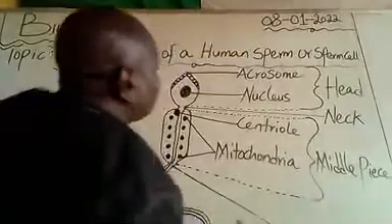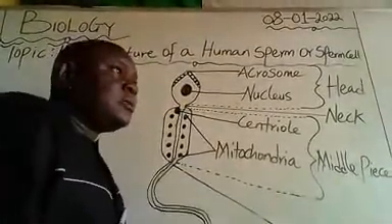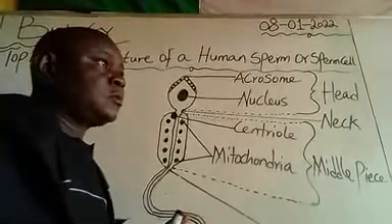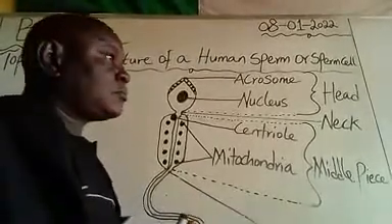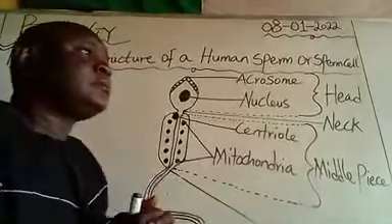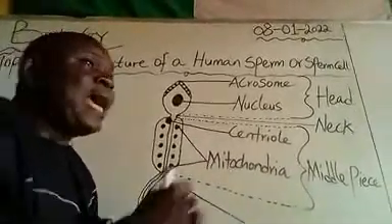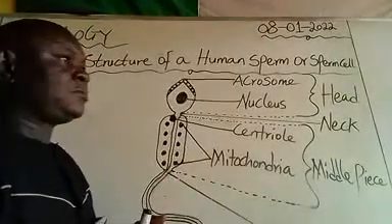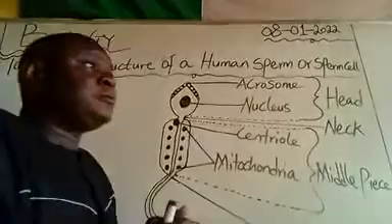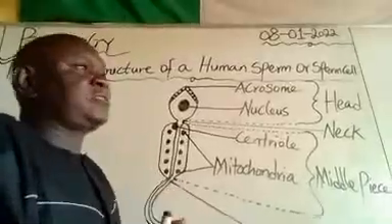This acrosome contains enzymes or agents that help in dissolving the egg membrane so as to pave way for the fertilization to take place.